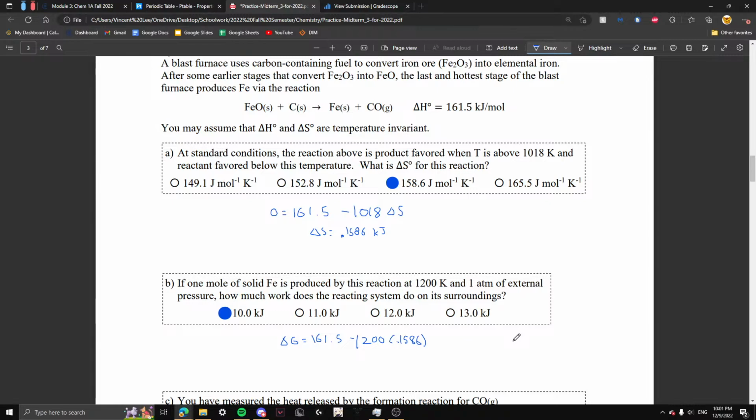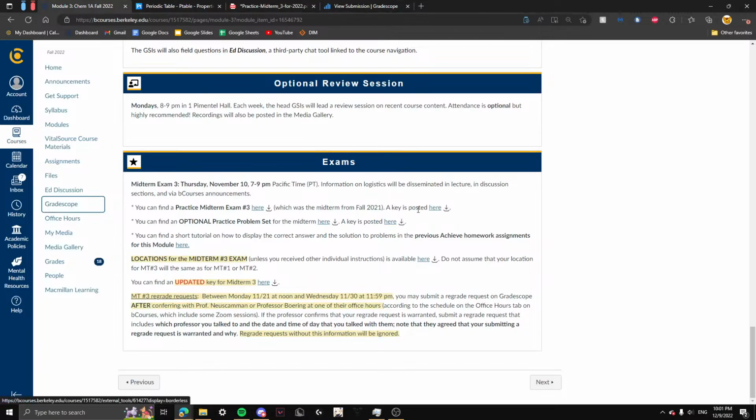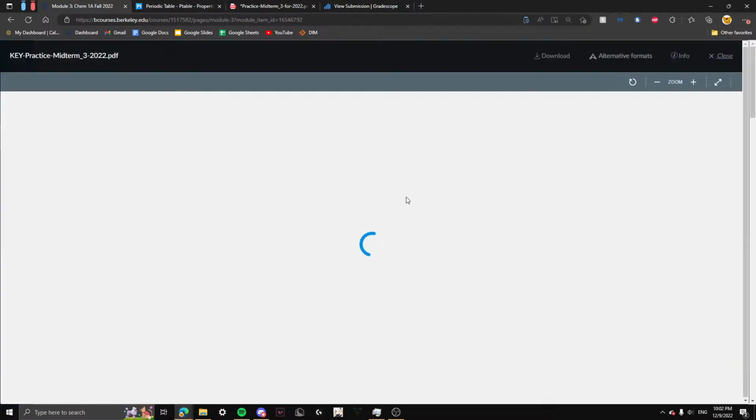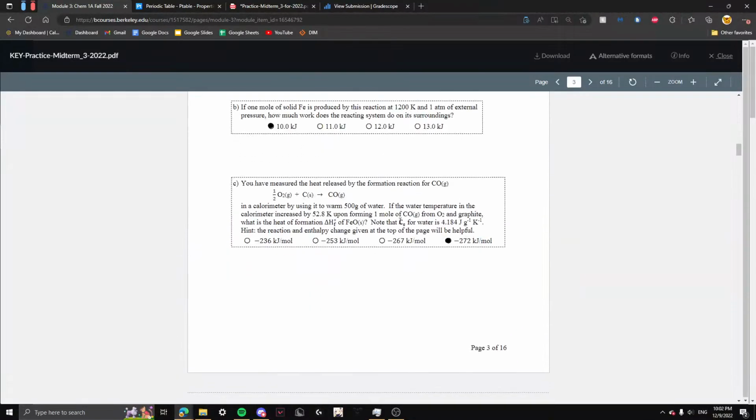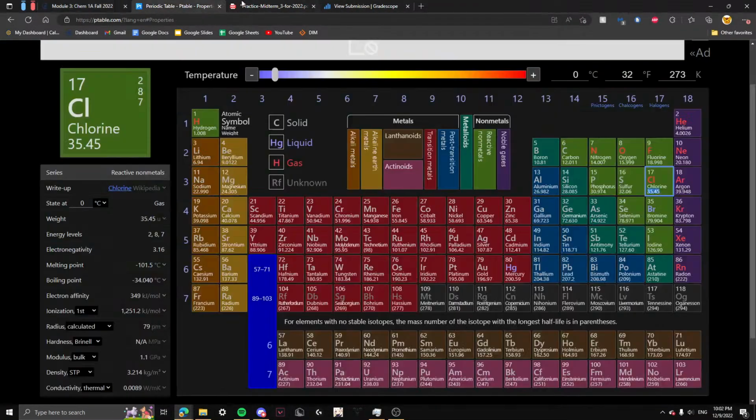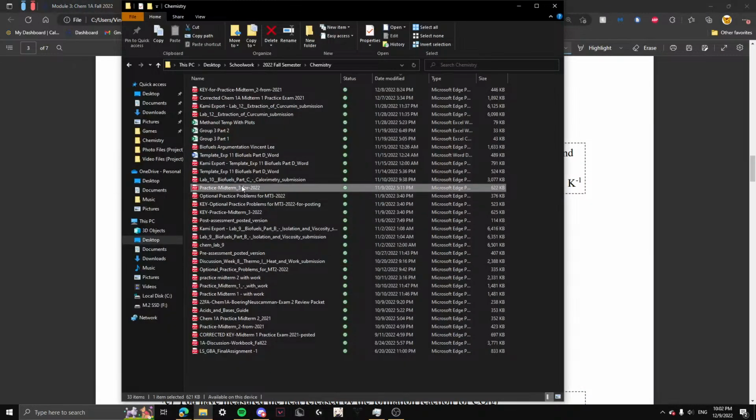That is not the answer. Quickly look at the key because I am blanking. Oh, it doesn't tell us. How helpful. There's one where I did it with work. No.